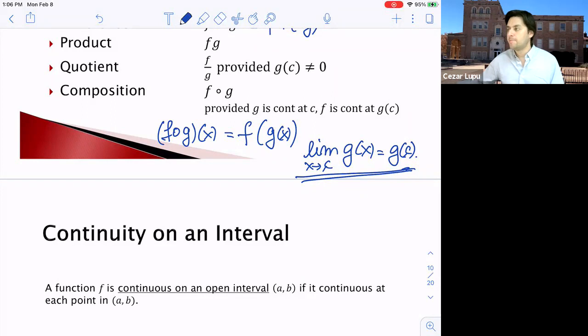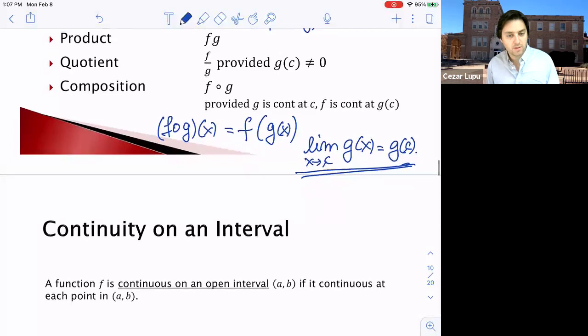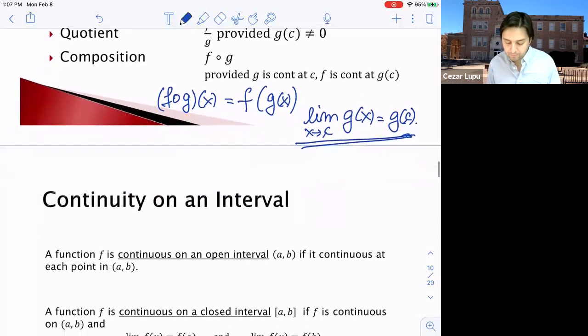You just pick an arbitrary point, let's say c in (a,b), and you prove continuity at c. Then since it was chosen arbitrarily in that interval, the function is continuous on the entire open interval.